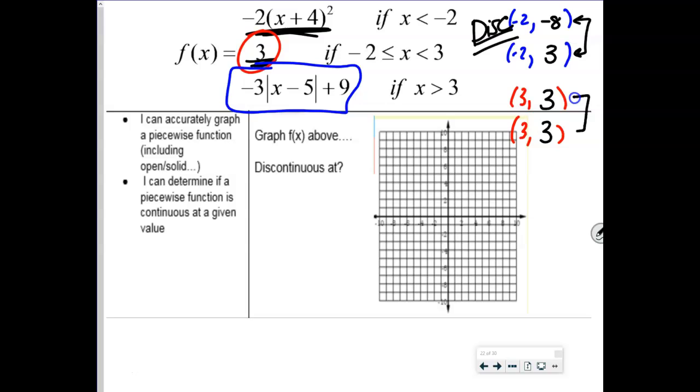So for both pieces of the piecewise function on the outside of that boundary line, they do match up. So this is continuous. If I was to ask you, where is it discontinuous, you would have to explain that it's discontinuous at x equals -2. You don't really have to go into great detail as to why. But just because there's a boundary line, it doesn't mean we have discontinuities every time. Sometimes they do connect.